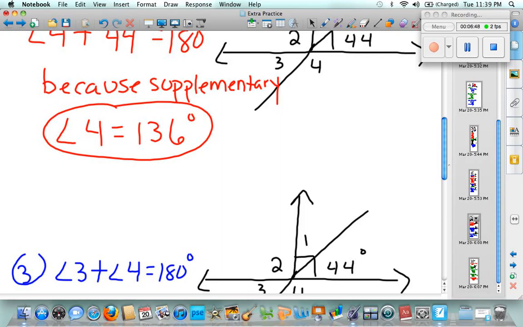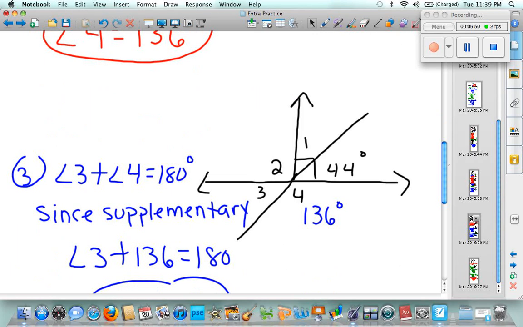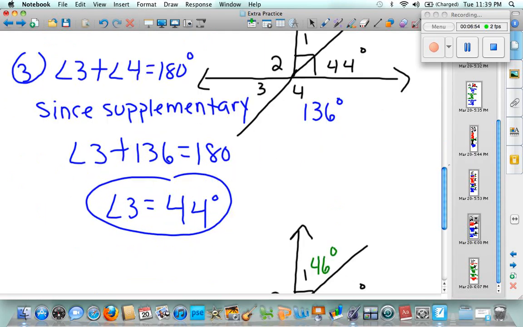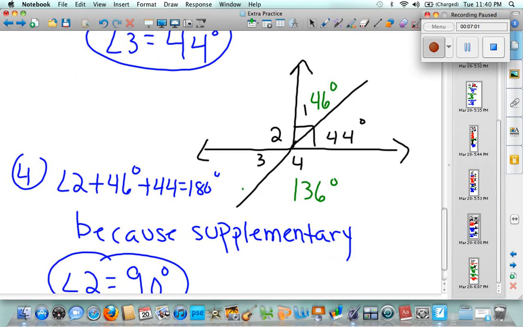Angle 3 plus angle 4 equals 180 degrees, called supplementary. So angle 3 is 44 degrees. Last, we've got angle 2 plus that 46 degree measure plus 44 degrees must equal 180 because they're called supplementary angles. So angle 2 is 90 degrees.